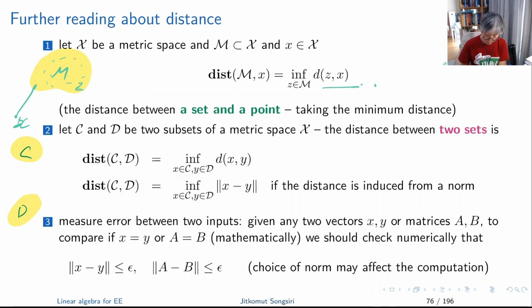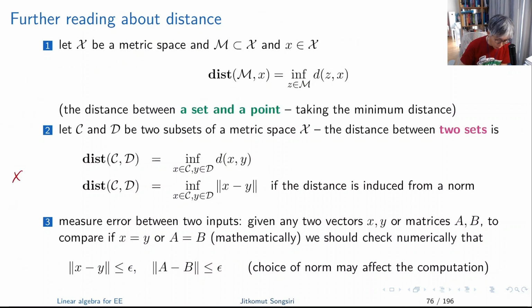Last, we can use the concept of distance to measure mismatch error between two entities. In numerical computations, suppose x and y are equal in a mathematical sense somehow.